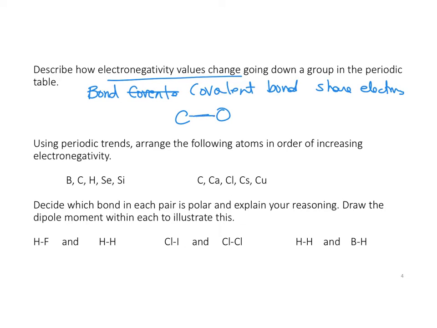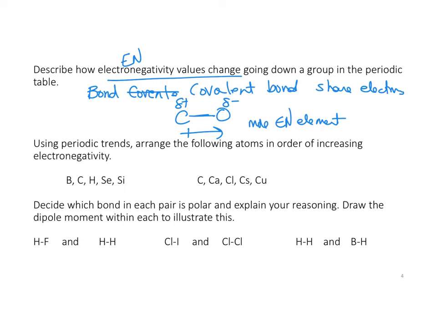And so they're sharing those electrons, and the more electronegative element will pull the electrons towards itself. And so you can do this like this, where carbon becomes partially positive and oxygen becomes partially negative. So it's like a tug of war. And that electron density is going to be pushed towards the more electronegative, we'll just write En, element.